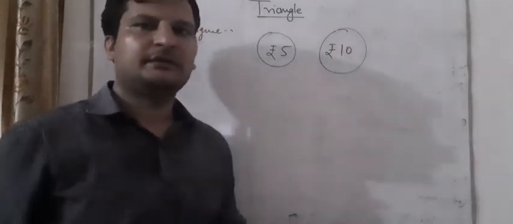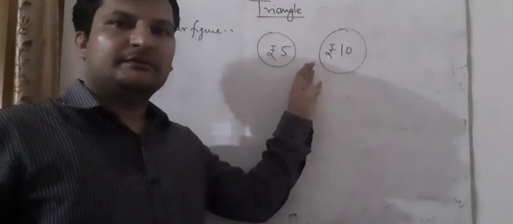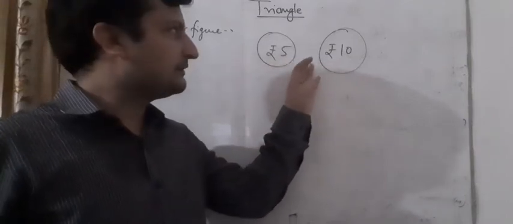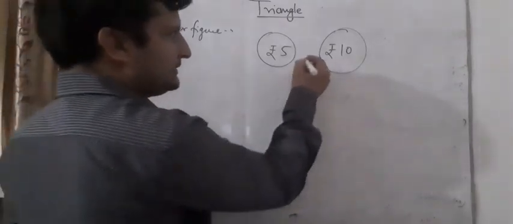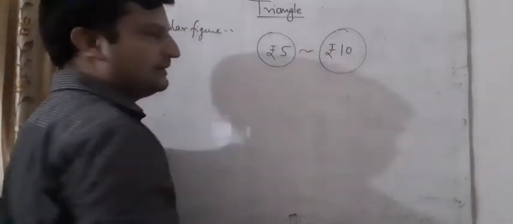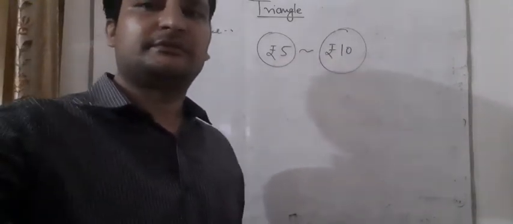Students, these two figures are not of the same size but these are of the same shape. So we can use the symbol like this, means these types of figures are called similar figures, students.